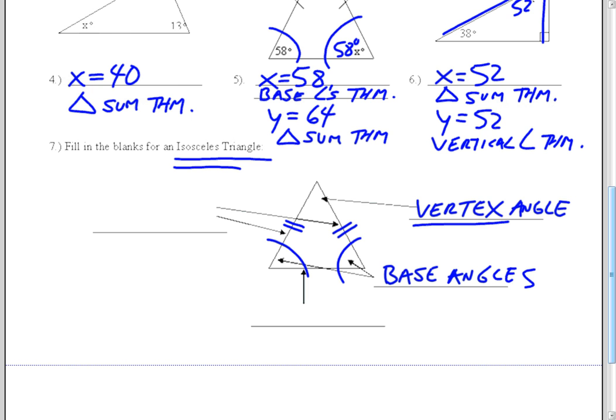The two sides that are equal, we're going to use the term legs. But you're going to see legs come up in a lot of different spots in geometry. So in this framework, when we're talking about an isosceles triangle, the legs refer to the equal sides. And this is just pointing to the base. Just a little vocabulary.